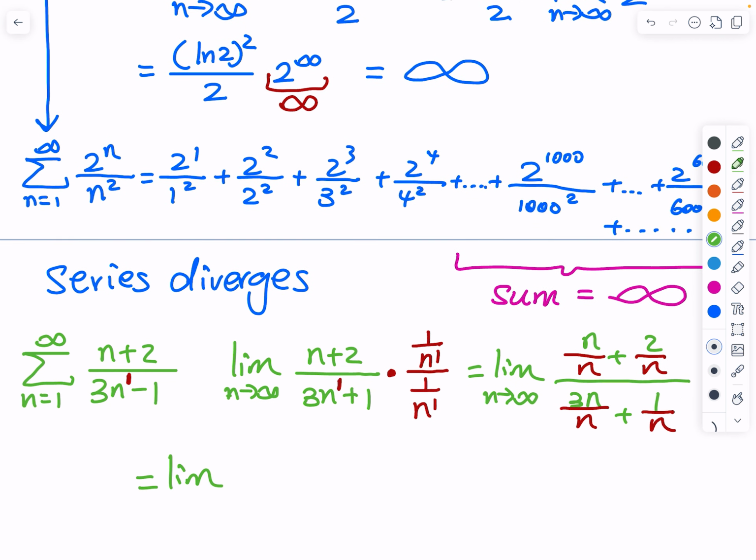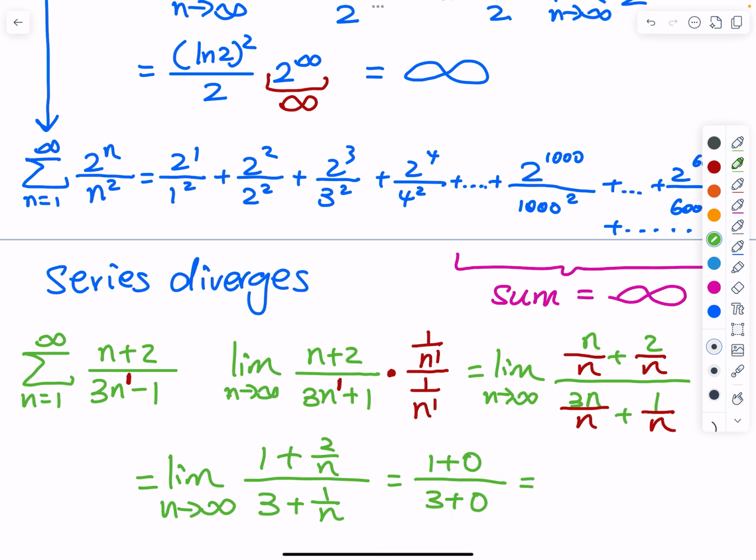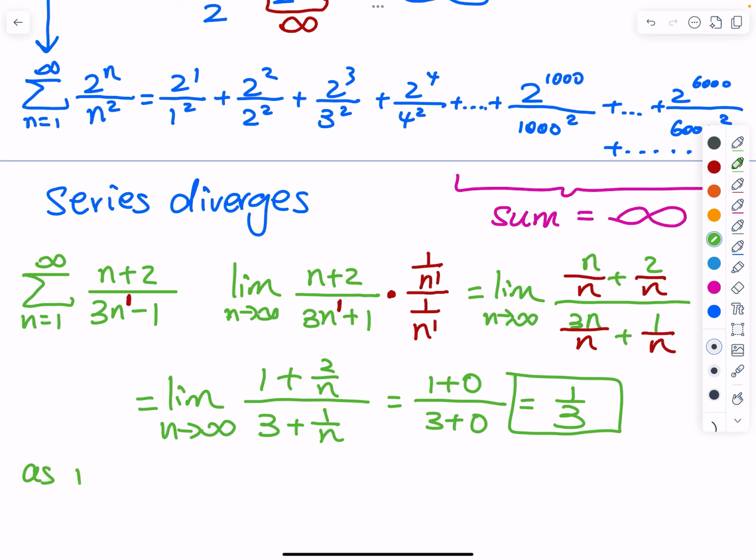That is the limit as n approaches infinity of (1 plus 2 over n) divided by (3 plus 1 over n). When n approaches infinity, this is (1 plus 0) over (3 plus 0), which equals 1/3.